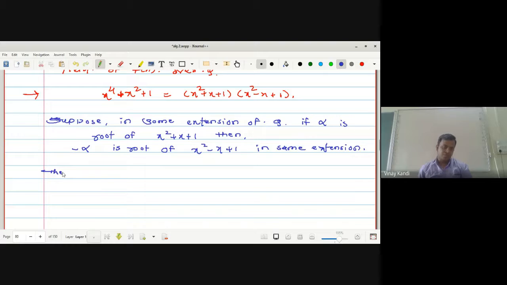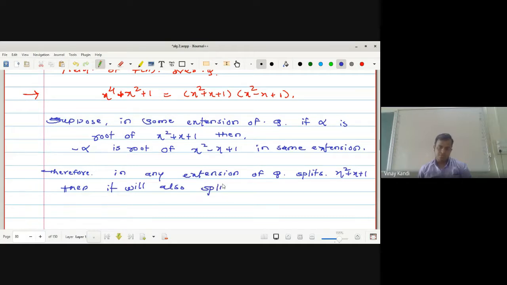Therefore, in any extension of the field of rational numbers Q, if it splits x^2 + x + 1, then it also splits x^2 - x + 1.